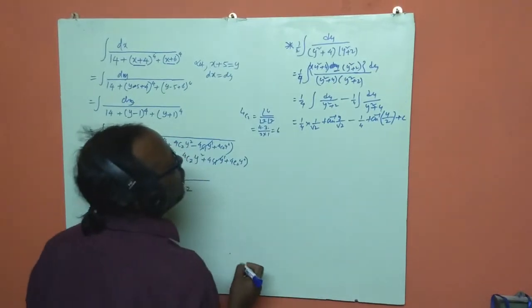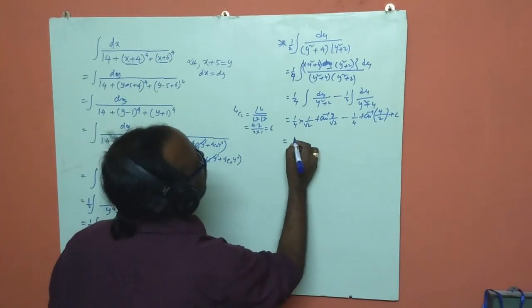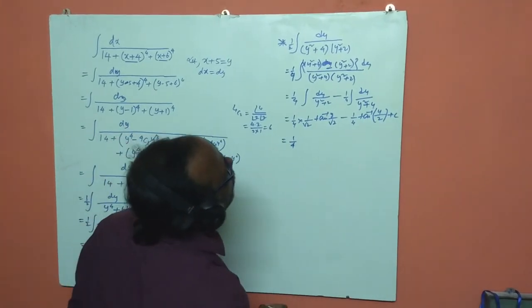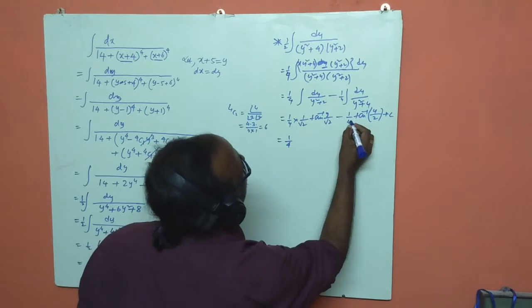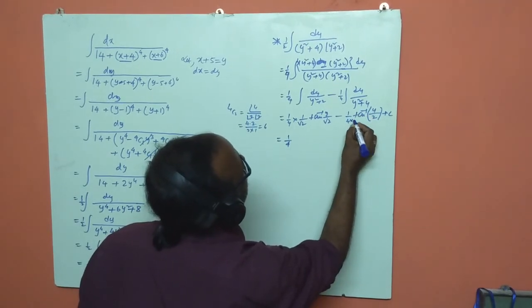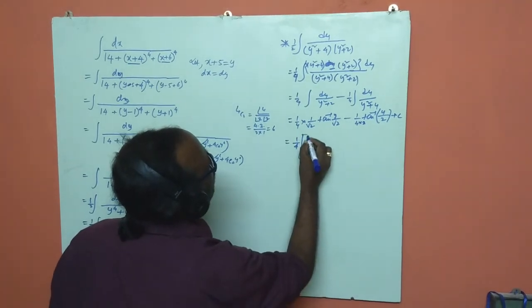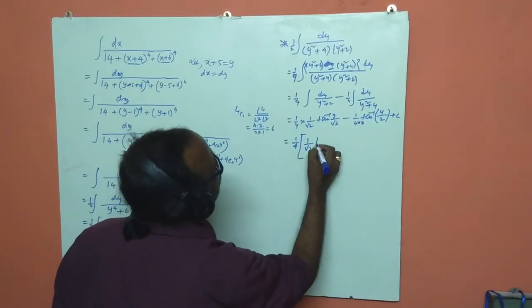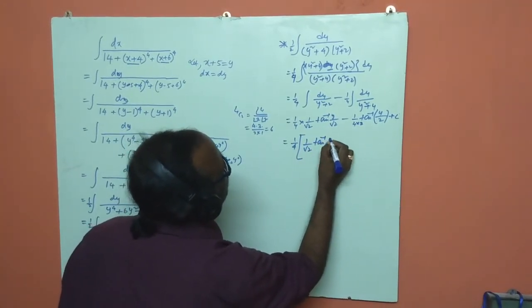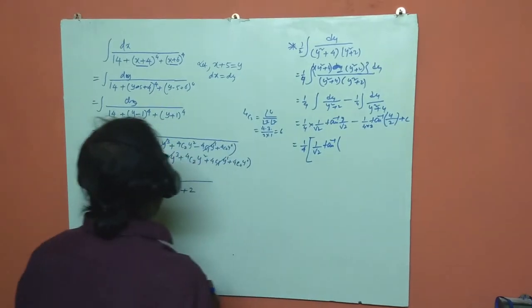This is called integration constant. I am taking common 1 by 4. I think here is a silly mistake. This is 2. Taking common 1 by 4. Then you can write 1 by root 2 and tan inverse y over root 2, and that is there.